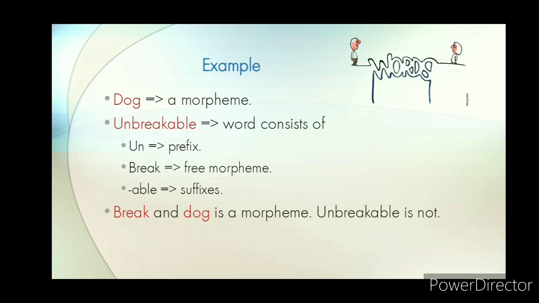Another example here is unbreakable. Unbreakable is a new word, consisting of the prefix un, break, a free morpheme, and the suffix able. So break and dog are morphemes, meanwhile unbreakable is not. Unbreakable is a new word created from combined morphemes.